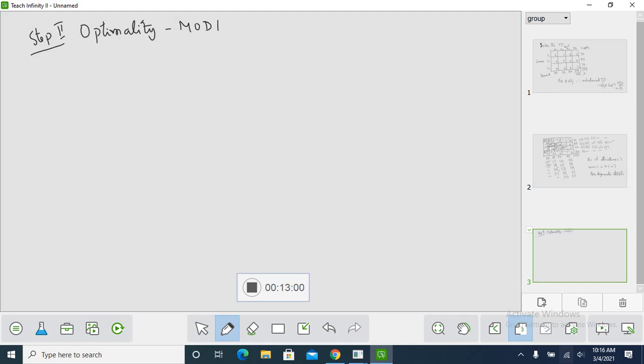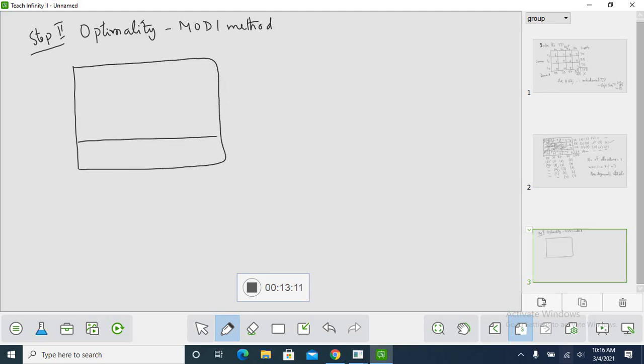We are checking optimality using Modi method. So now let us redraw our table for convenience. We had a 4 cross 4 table. So we have 4 rows and we have 4 columns. Let us make the appropriate cell entries and their allocations. We had a dummy row. So we have 6, 11, 10, 0.